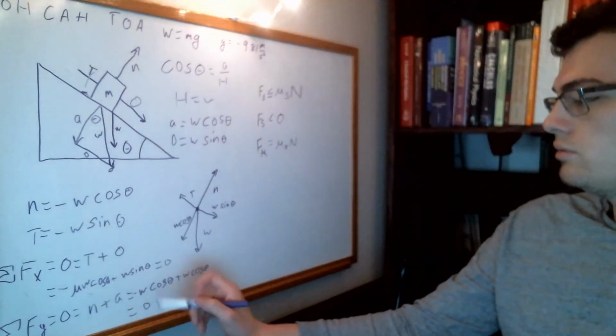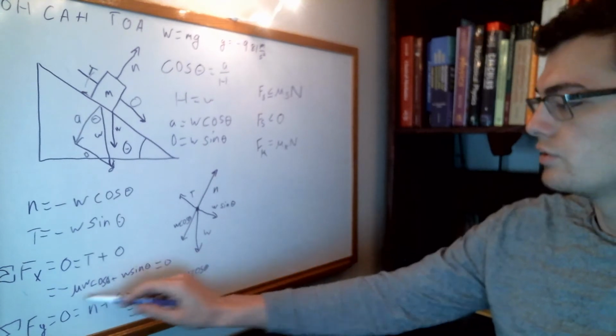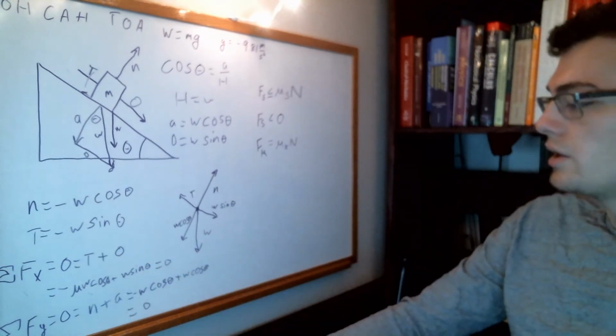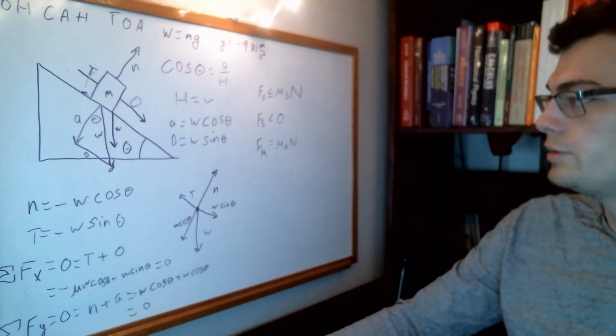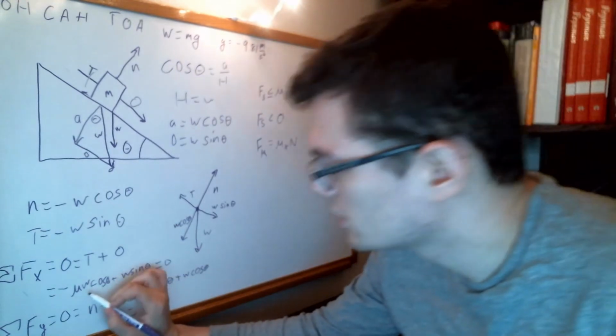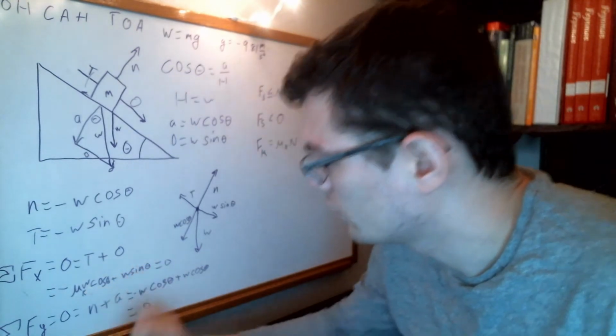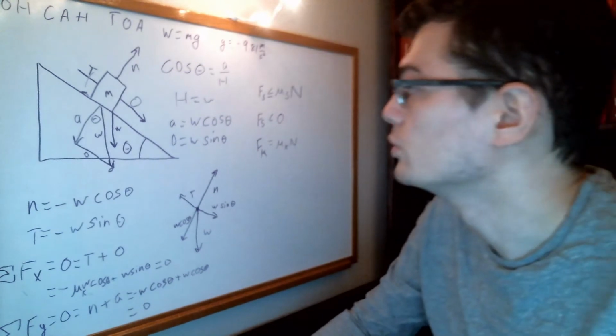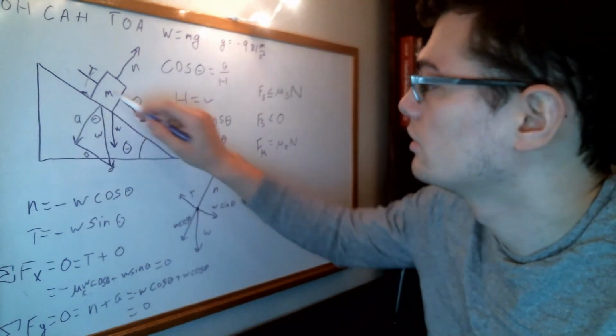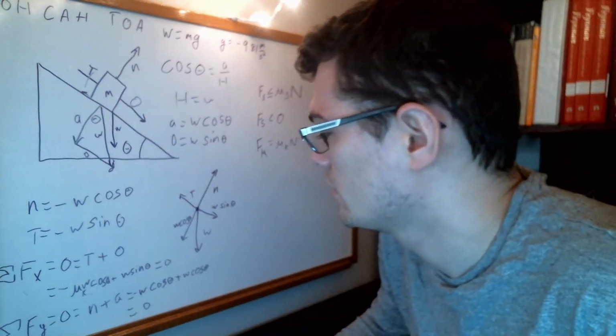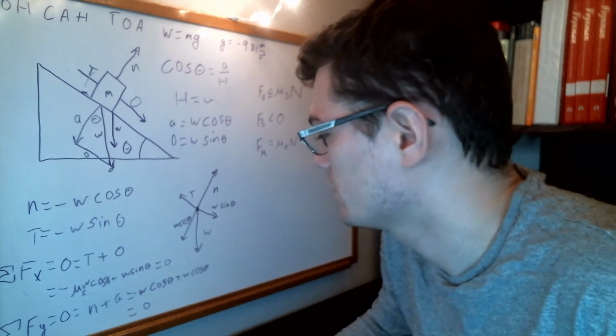So now we have these two forces together, and depending on the angle, we can see how quickly this block will move down this ramp, or what the acceleration will be.